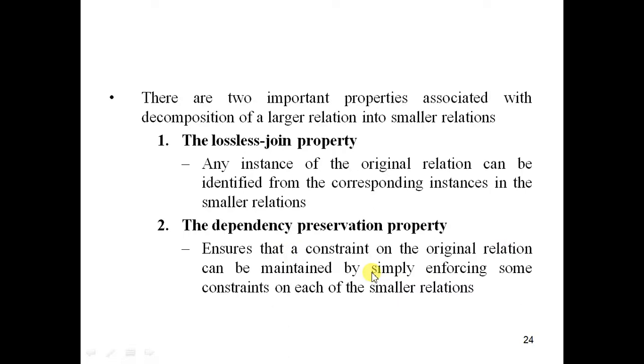It means whatever FDs were there in the original table, like roll number determines name, employee code determines department, employee code determines salary, when you break that table, those FDs should be identifiable without joining the tables. So those are the two important properties of normalization, or decomposition of a large table into smaller ones.